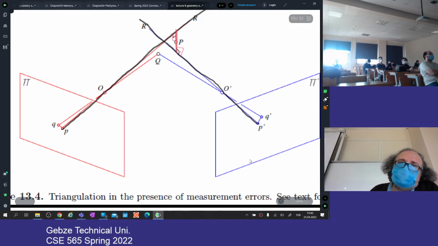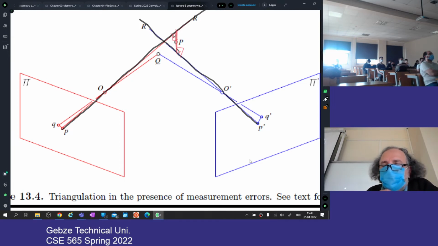Find the center point of that line segment, and that will be our real world point P. Here I am assuming that however careful I am in doing the camera calibration and in finding the correspondences, because of errors, noise in the images, or my lens properties, these two lines will not perfectly intersect.